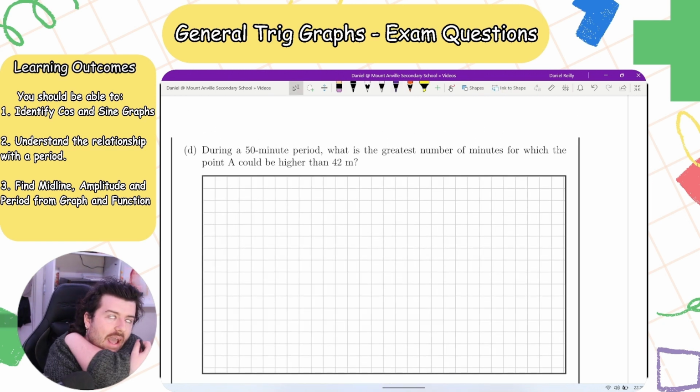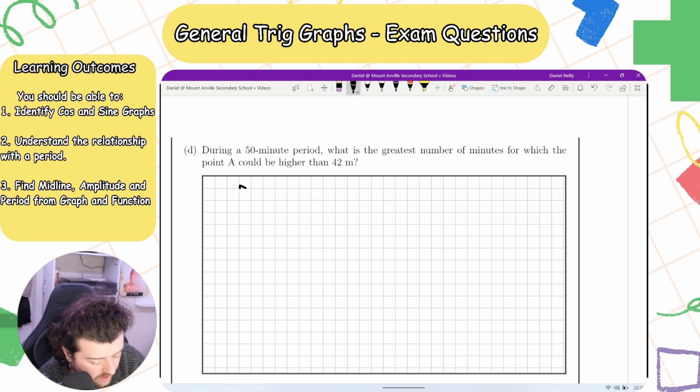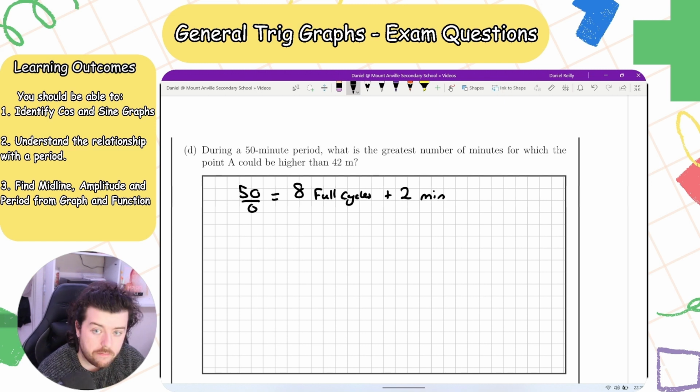So we want to find out how many times the Ferris wheel goes around in 50 minutes. So 50 divided by 6 is going to be equal to 8 full cycles, plus a remainder of 2 minutes. So it rotates 8 full cycles, and for 4 minutes of each of those 8 cycles, it's above 42.